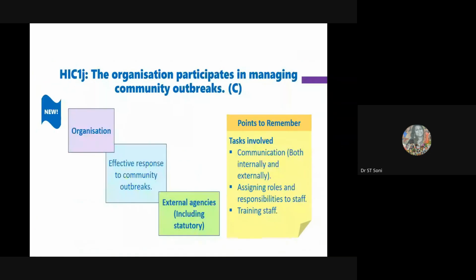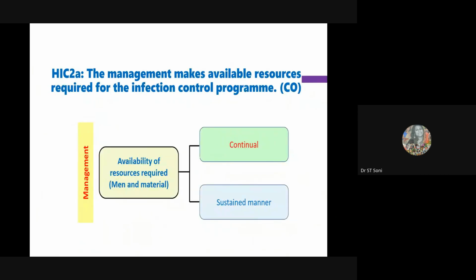Then outbreak investigation is one of the very, very important parts of the infection control program. Most important is that your management should be committed to provide the resources for the IPC program. Otherwise, it will not work out.